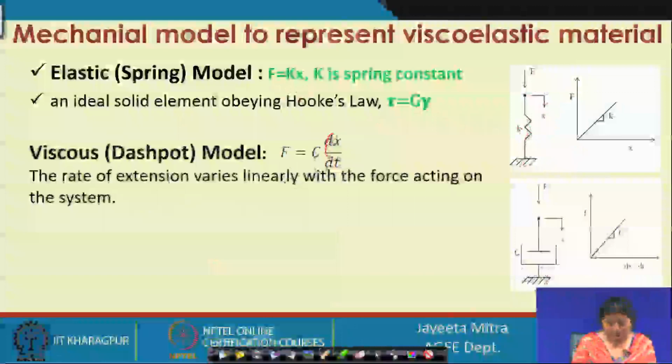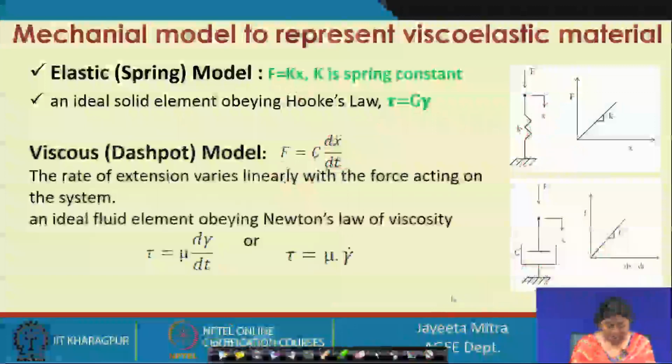The rate of extension varies linearly with the force F acting on the system. So, the dashpot model follows Newton's law of viscosity, as shear stress is proportional to shear rate d gamma by dt or gamma dot, and mu is the dynamic viscosity.